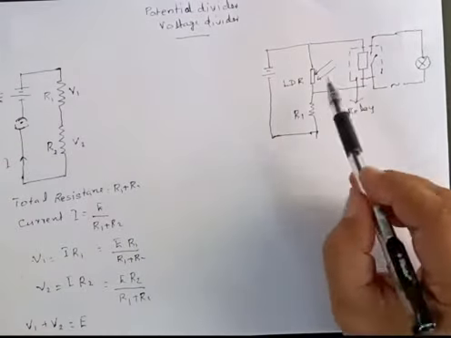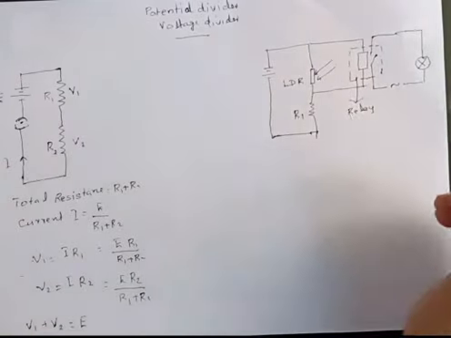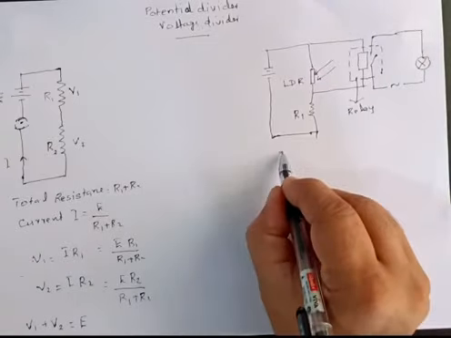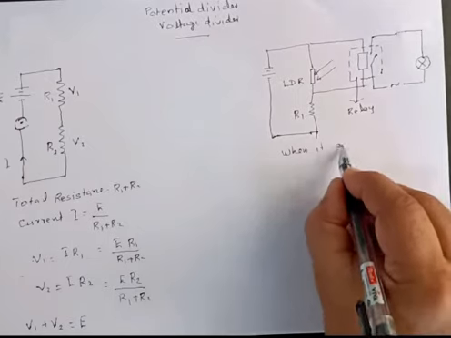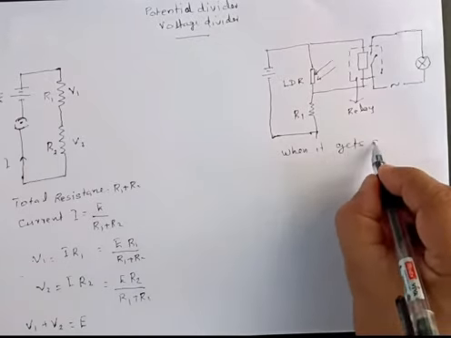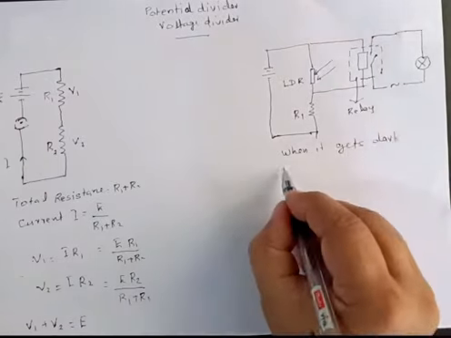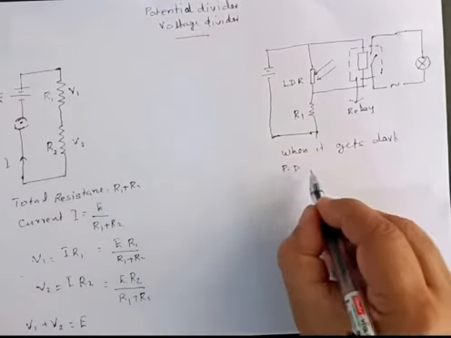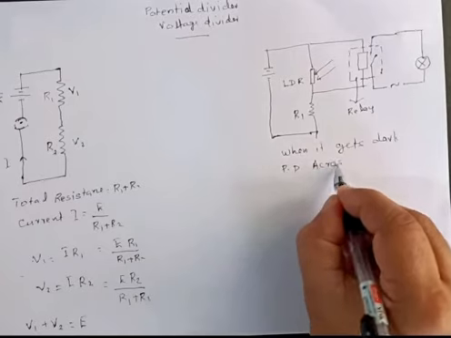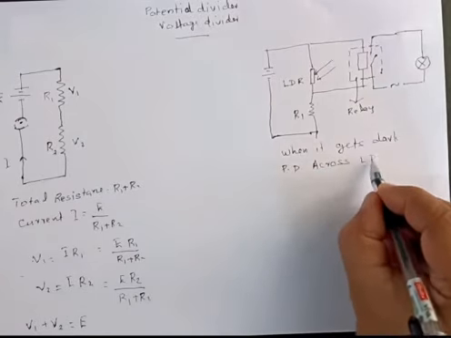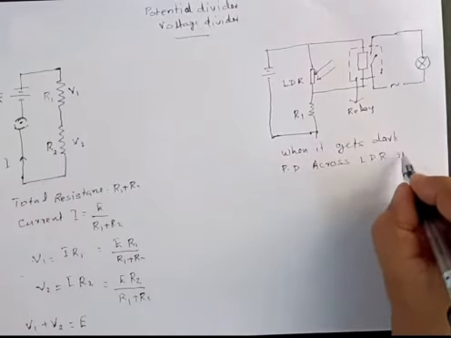Here what happens is that when it gets dark, the potential difference across the LDR increases.